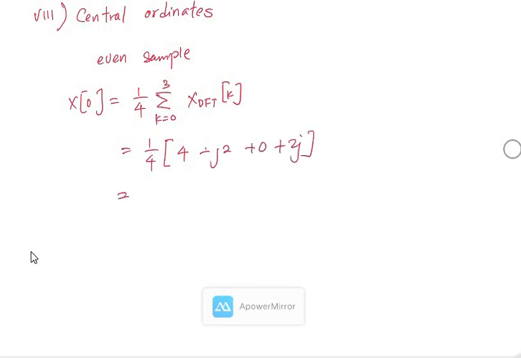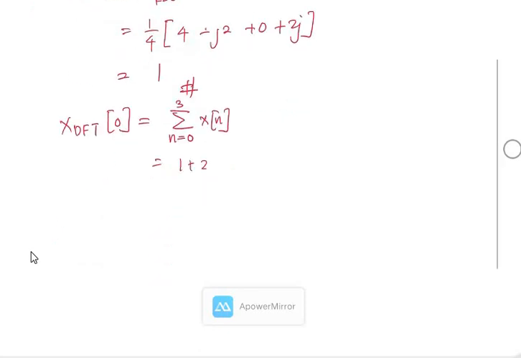So you will get 1. And also the XDFT 0 is the summation 0 to 3 of xn. So you get 1, 2, 1, 0, which equals 4.